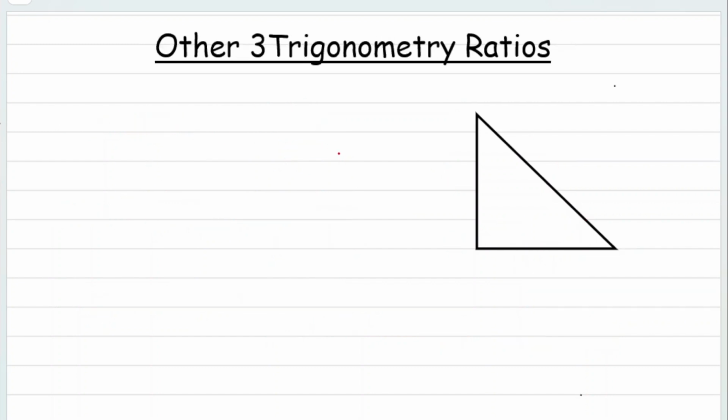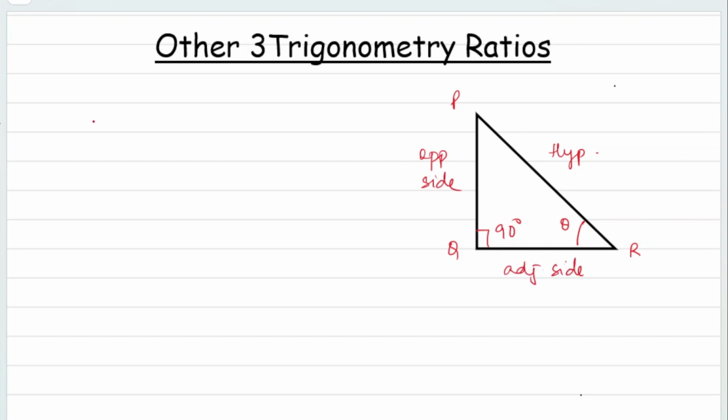My other three trigonometric ratios are actually the reciprocals of the three ratios which we just discussed in the previous slide. Okay, so let's again name it PQR. Of course, angle Q is 90 and my angle R is theta. This is the hypotenuse, this is the opposite side, and this is the adjacent side.